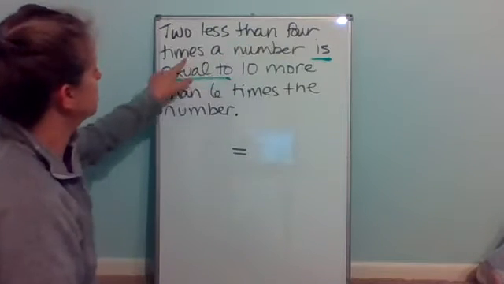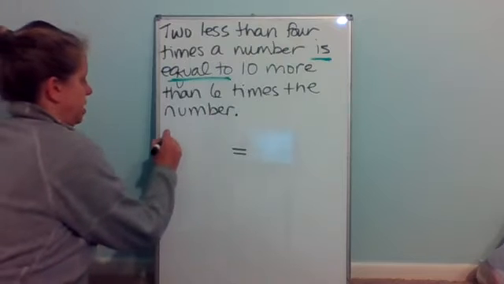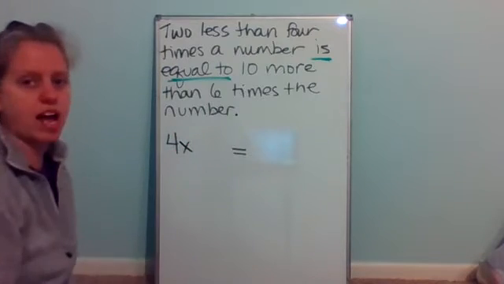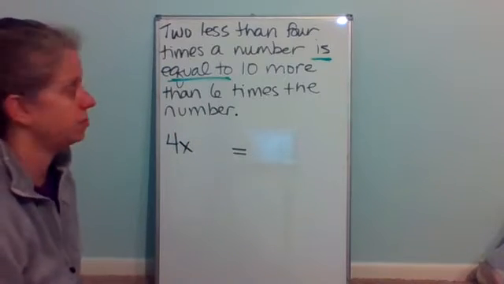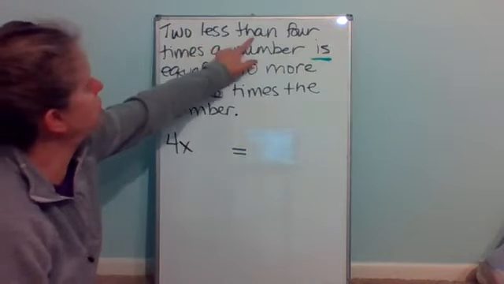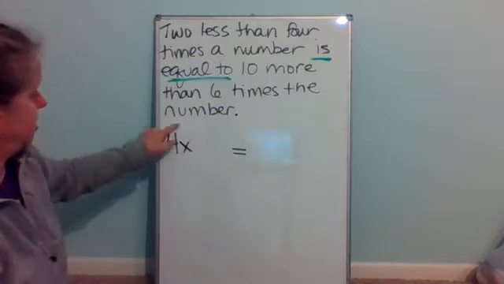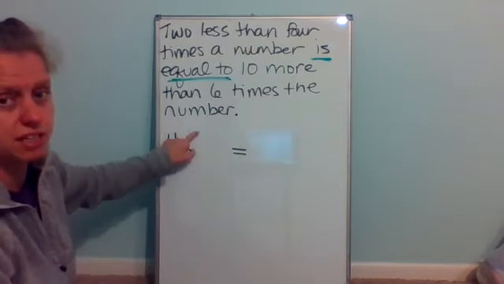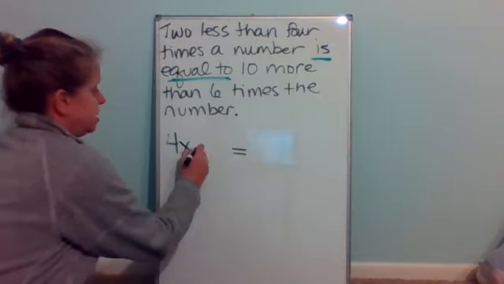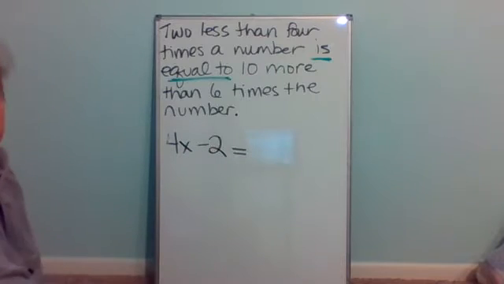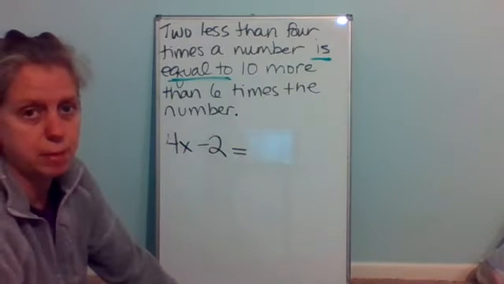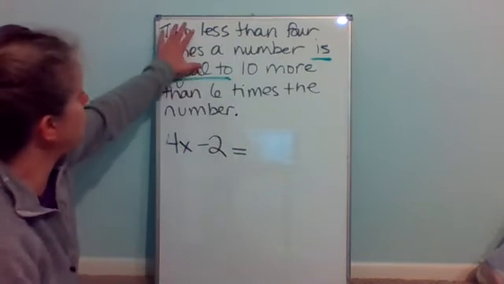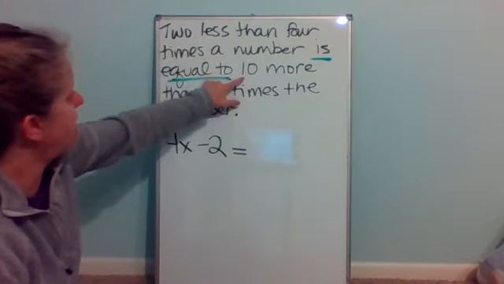So 4 times a number would be 4x. If I'm 2 less than this, that means I need to subtract 2 from it. So there's what's in front of the equal symbol.